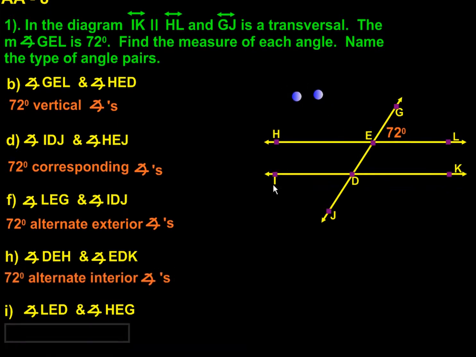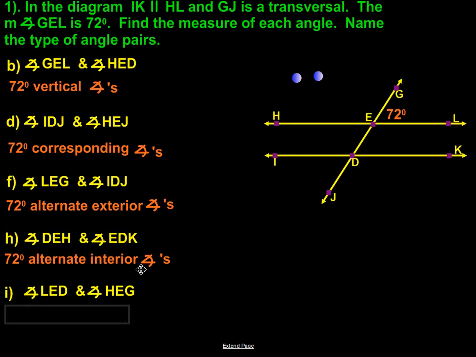Move those up. And the last one we're going to take a look at, I. We have angle LED, which is right here. LED, this space right here, and HEG.